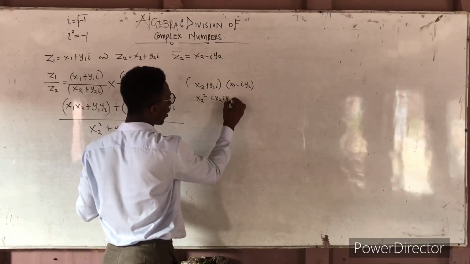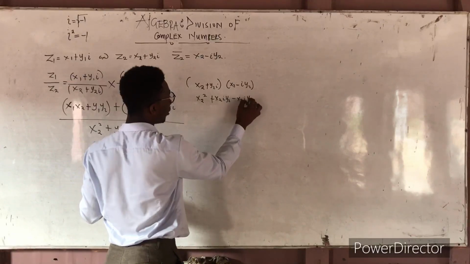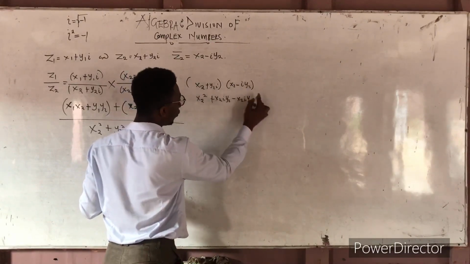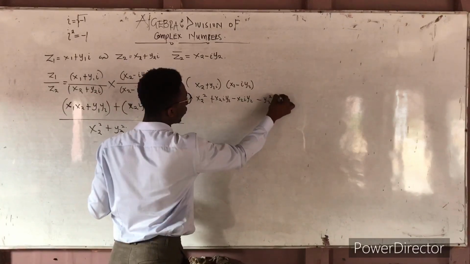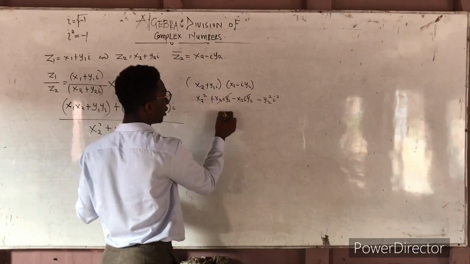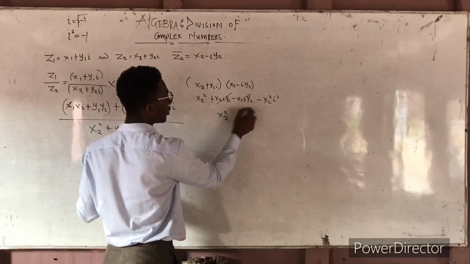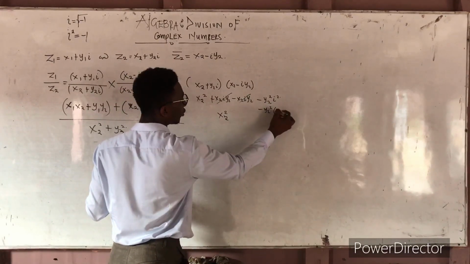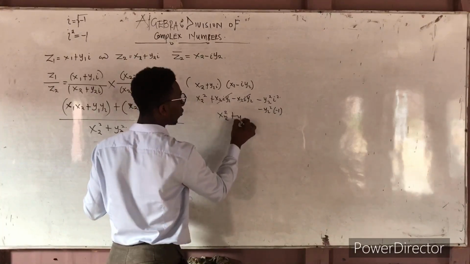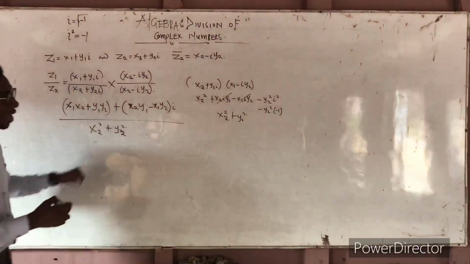This one will give you minus x2 i y2, and this one will give you minus y2 squared i squared. So this will take this away, and you get x2 squared. And this one, because i squared gives you minus 1, so minus y2 squared times minus 1 will give you plus y2 squared. And that's what we are having here.